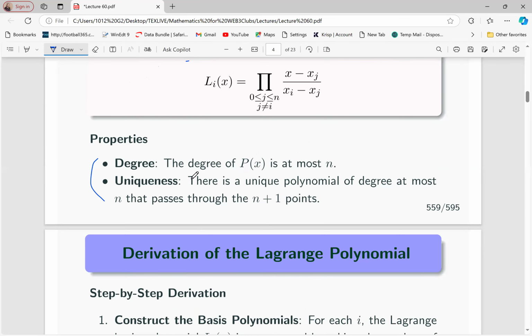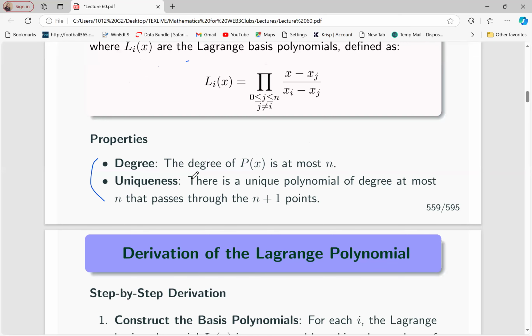The degree of the polynomial is at most n. That is, if you have n plus 1 points, the degree will be at most n. And about the uniqueness, we've said that if you have those points, only one polynomial can pass through all those points, not several polynomials.